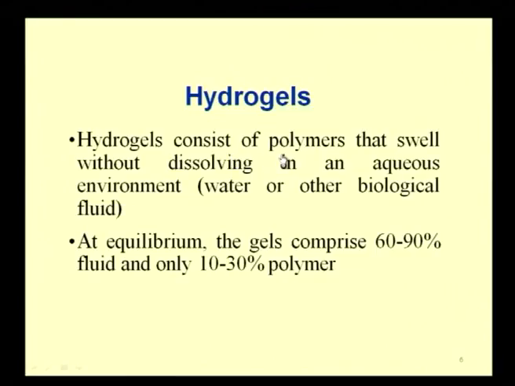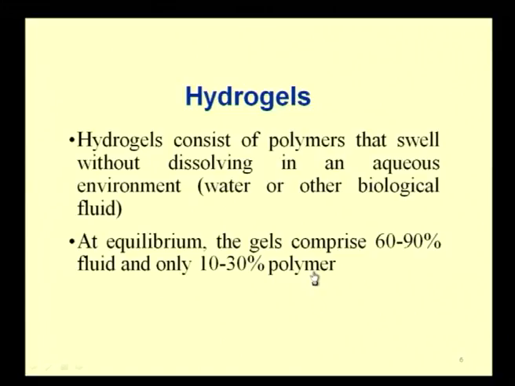So, in the case of hydrogels, hydrogels consist of polymers that swell without dissolving in an aqueous environment, that is in water or any other biological fluid. And at equilibrium, such hydrogels comprise basically of 60 to 90% fluid, and only 10 to 30% of the polymer is going to exist.